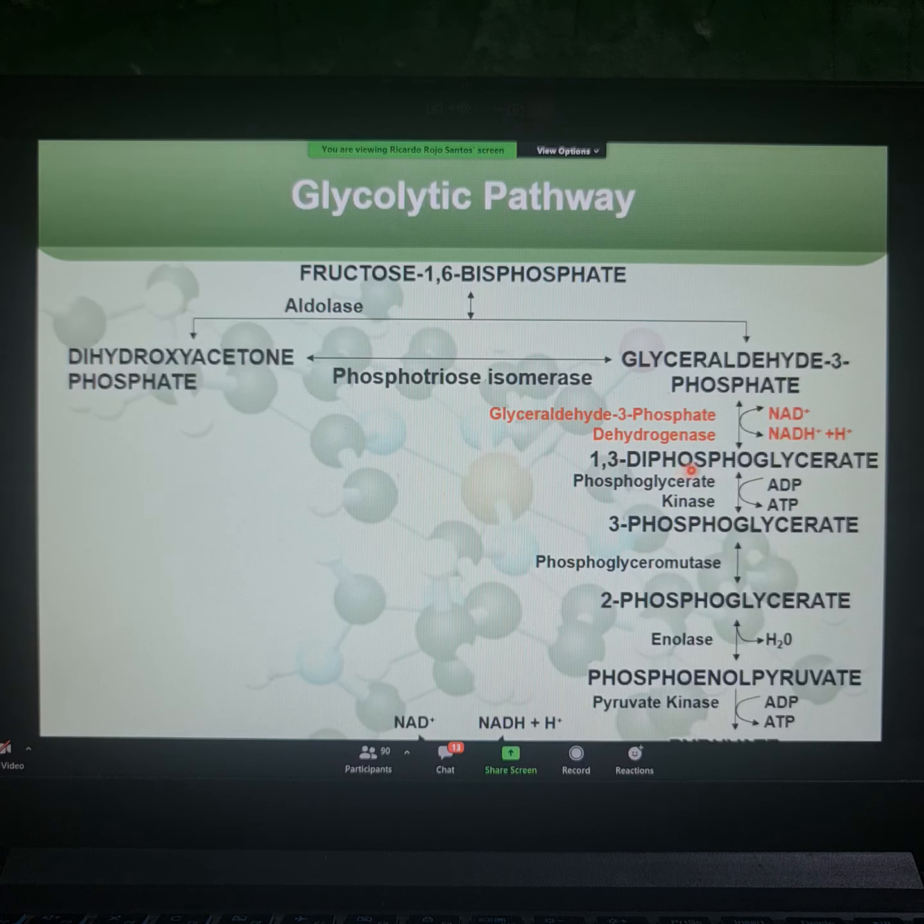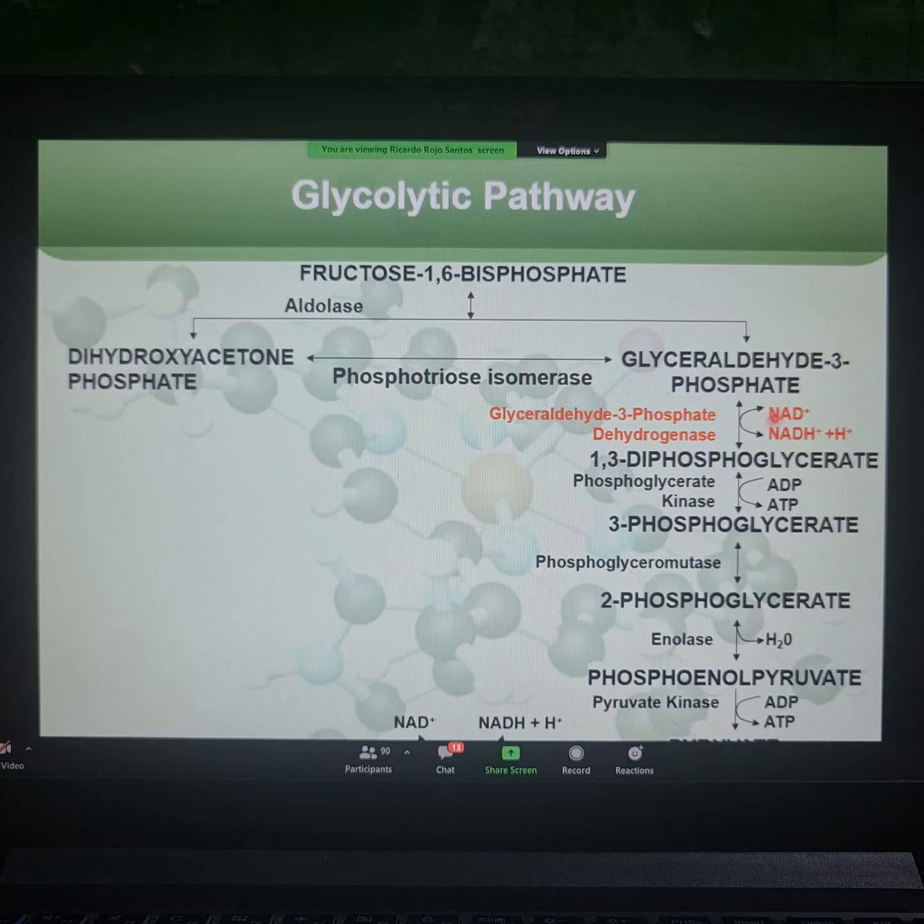And 1,3-diphosphoglycerate, which is a high energy compound, will be converted to a lower energy phosphorylated compound called 3-phosphoglycerate.